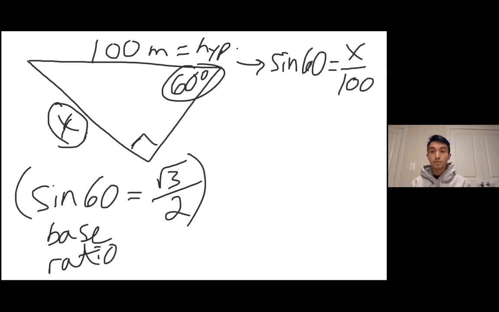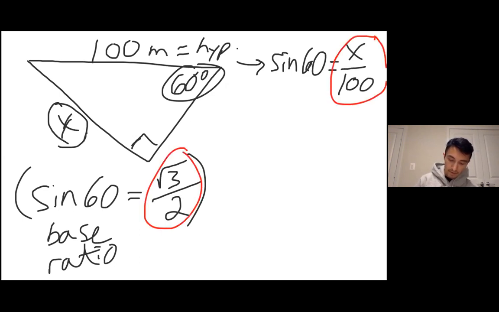So all we have to do, like with all ratios, is set them equal to each other. So we have our two ratios here. Set them equal because they both equal sine 60, right?